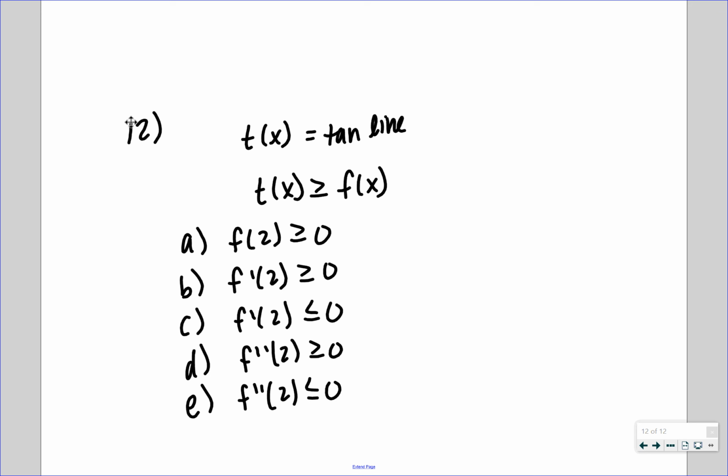So if my tangent line is greater than my original function at all times, that means my tangent line is above it. So if I draw a tangent line, maybe one that goes this way, my curve was underneath it somewhere. Even if my tangent line went the other way, my curve is still underneath it because my tangent line always has a bigger y value than my curve.